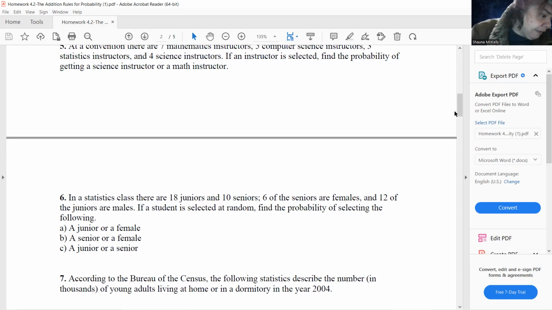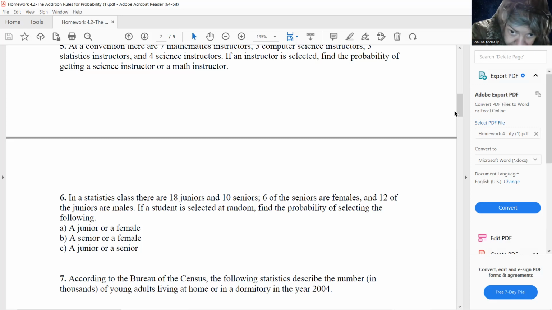If a student is selected at random, find the following probability. I would take some notes here, and then put them on the whiteboard. So we have 18 juniors, 10 seniors, 6 of the seniors are female, and 12 of the juniors are male.